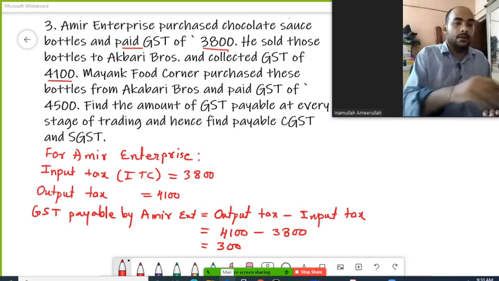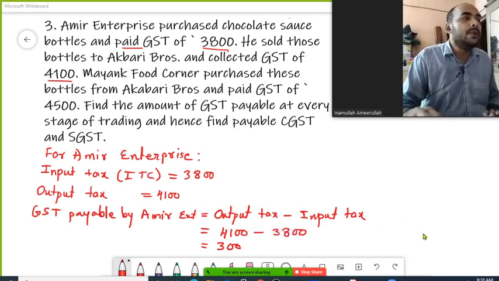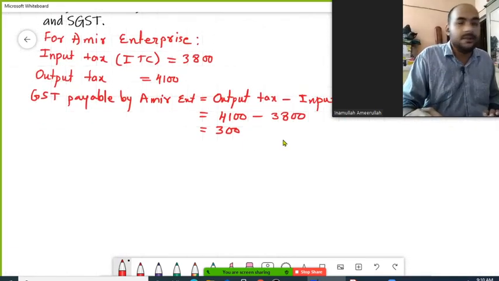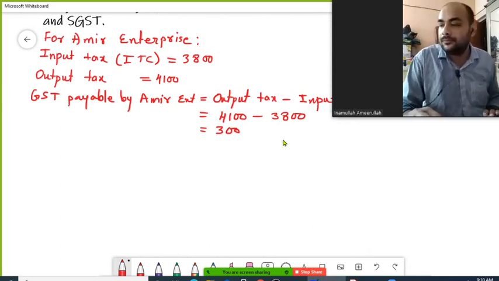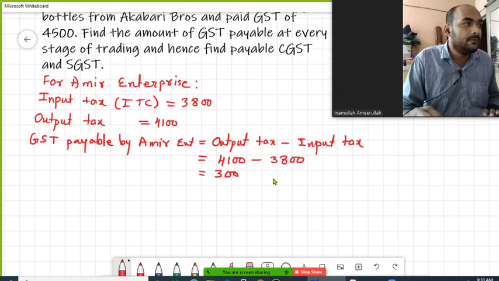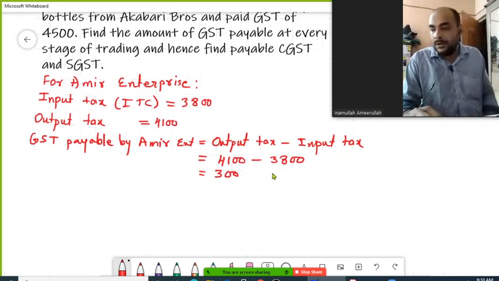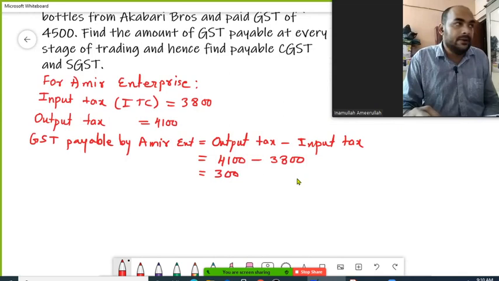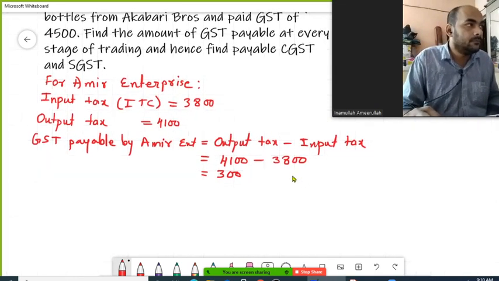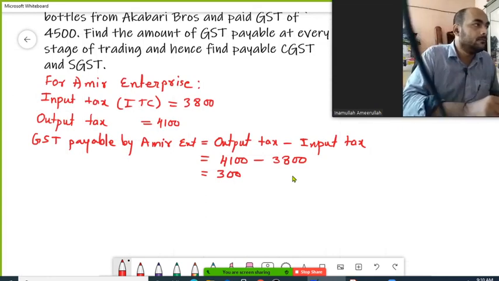Now in the same way we need to make the calculation for Akbari Brothers. So the second part of the question is for Akbari Brothers.